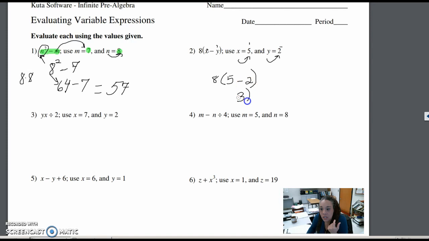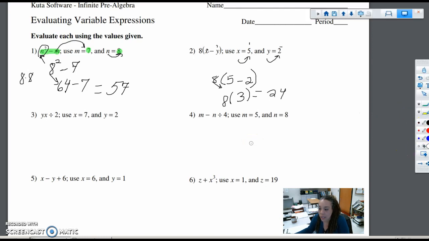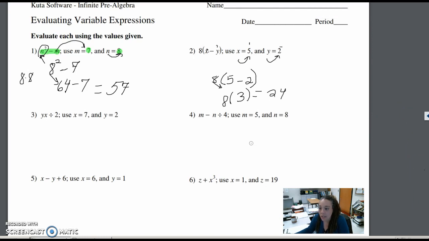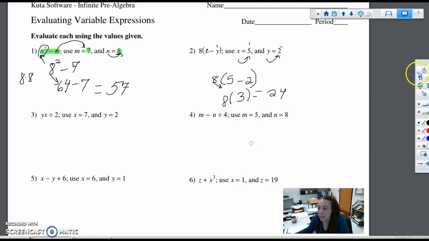So 5 minus 2 is 3, and the 8 is still there. Stuck together like that with parentheses on the side, that's 8 times 3 equals 24. So there's really nothing too hard about this worksheet. You're just plugging in the numbers given so that you can evaluate the terms.